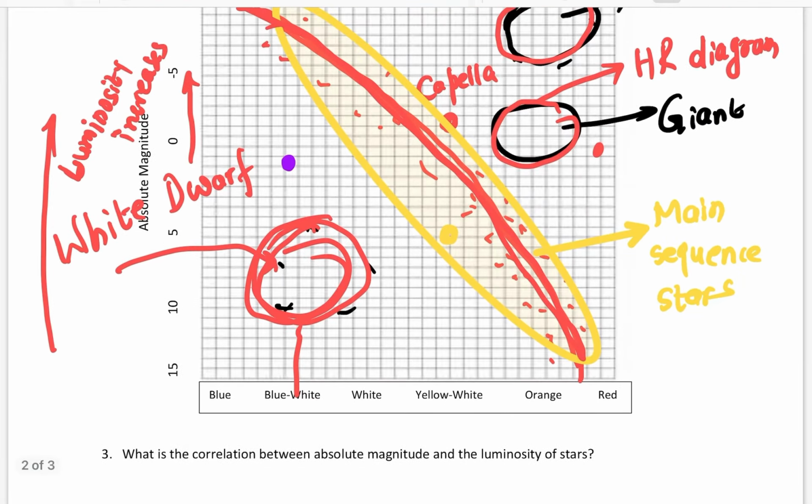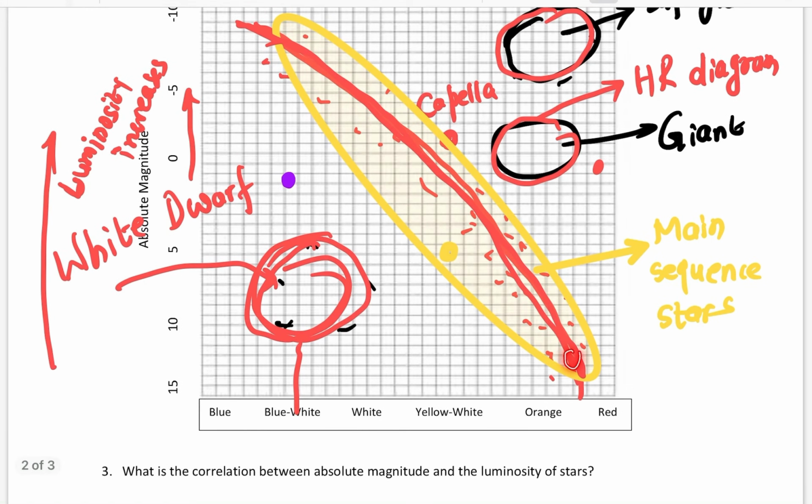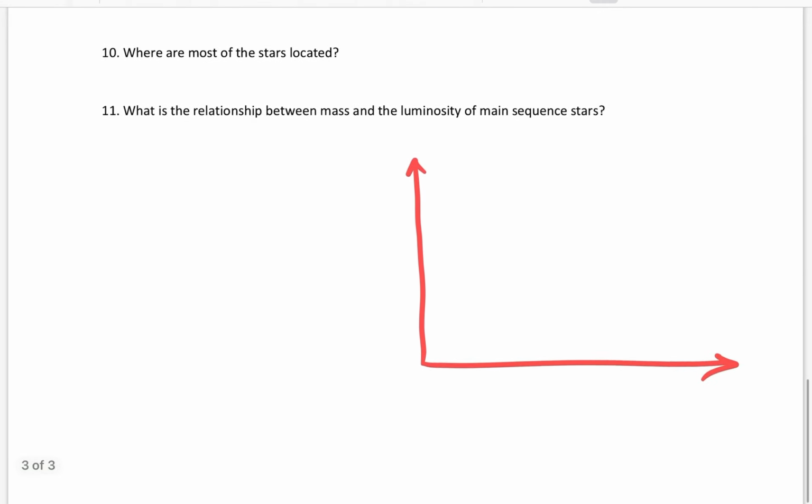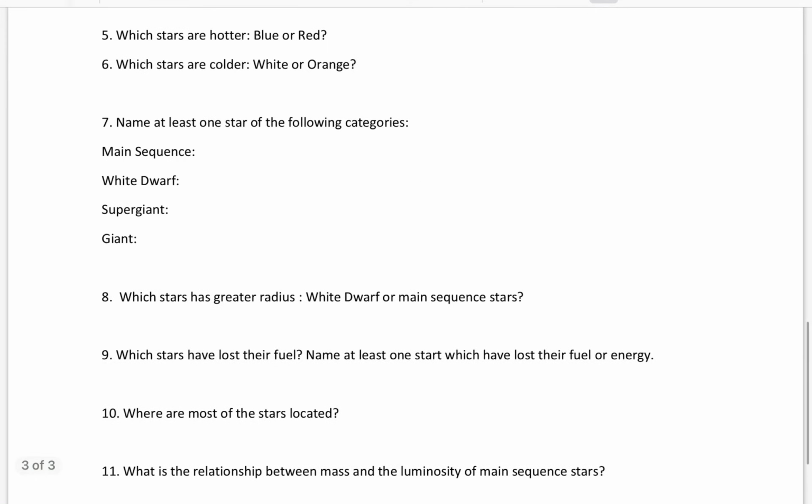Or in other words, I can answer here. So if you go along this way, then the mass increases. Okay, so here it will have a smaller mass, and here it will have a bigger mass. So what the question is asking here is the relationship between mass and the luminosity.